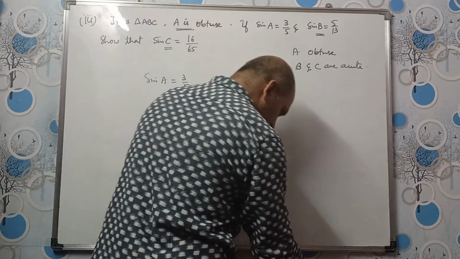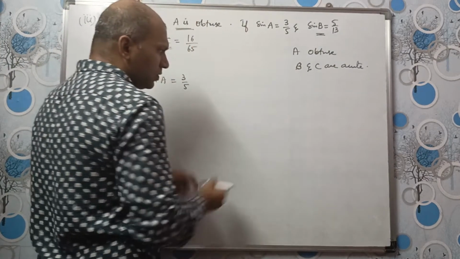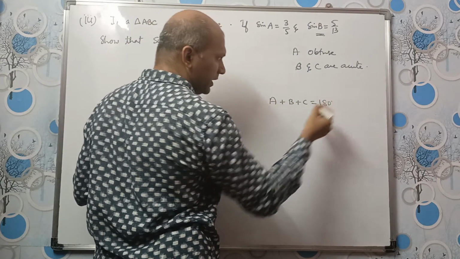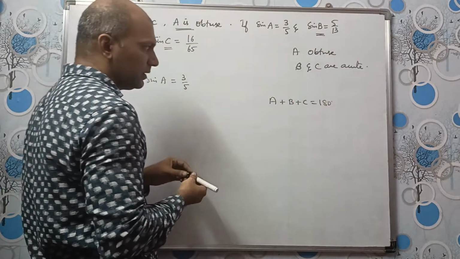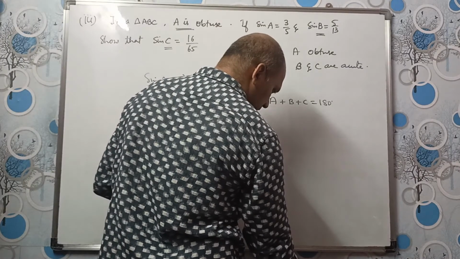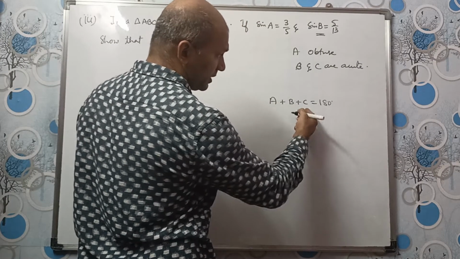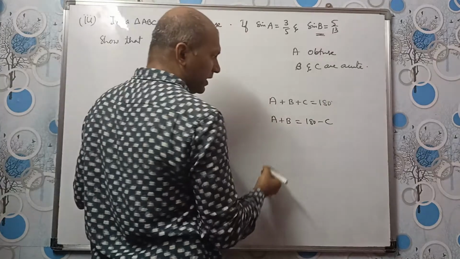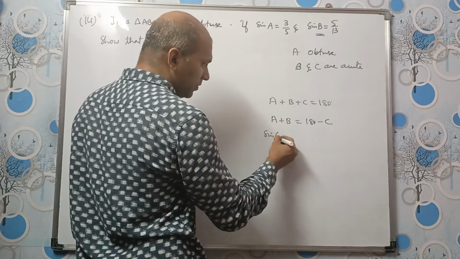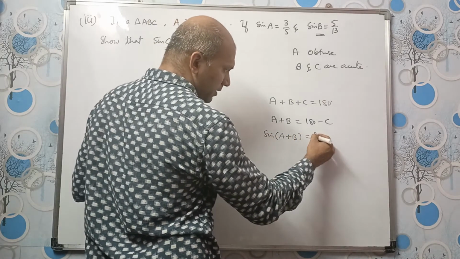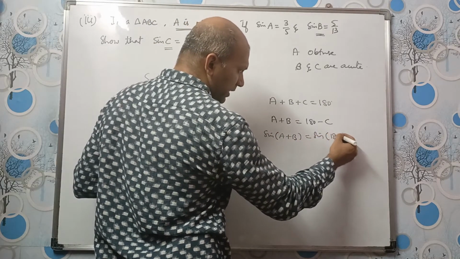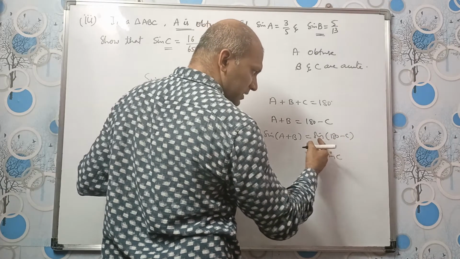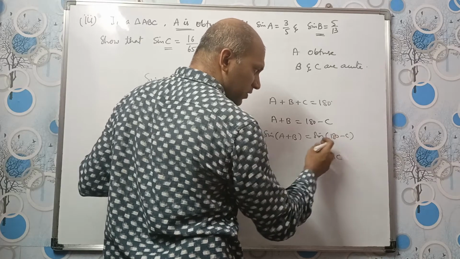See, we have a triangle, right? So if you add all three angles, it should be equal to 180. We need to find sin C. So send C to the other side. We'll have A plus B is equal to 180 minus C. If you apply sin on both sides, we get sin of 180 minus C. At 180, the ratios will not change, right?